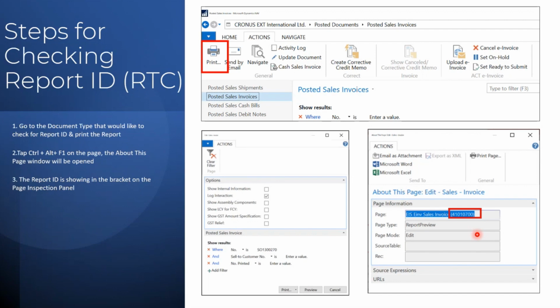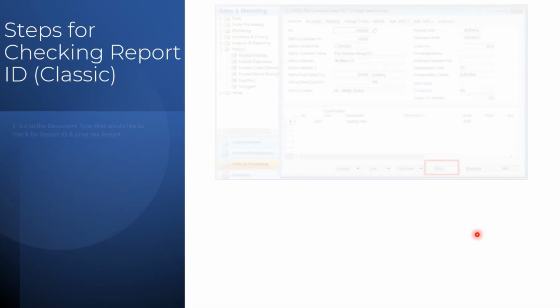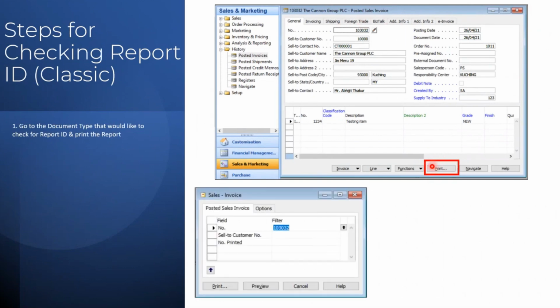Alright, so next, if you are using the classic version, which is NAV4, NAV5, NAV2009, please use the following steps. Please go to the page that you would like to print. I'm also taking the posted sales invoice as the example. You just click on print and it will prompt you with another page asking for the filters.